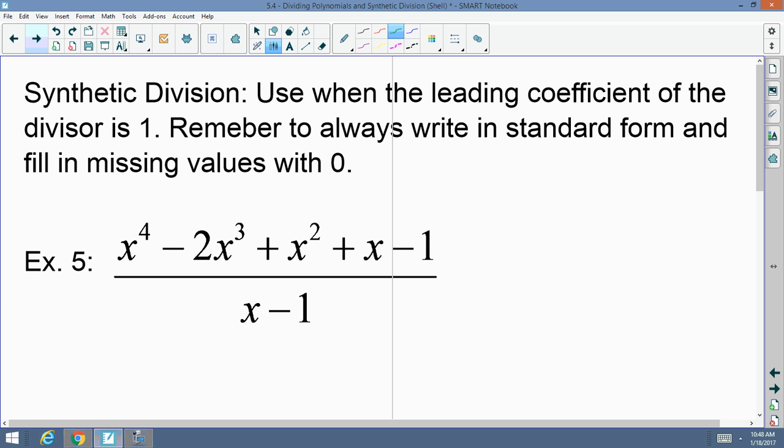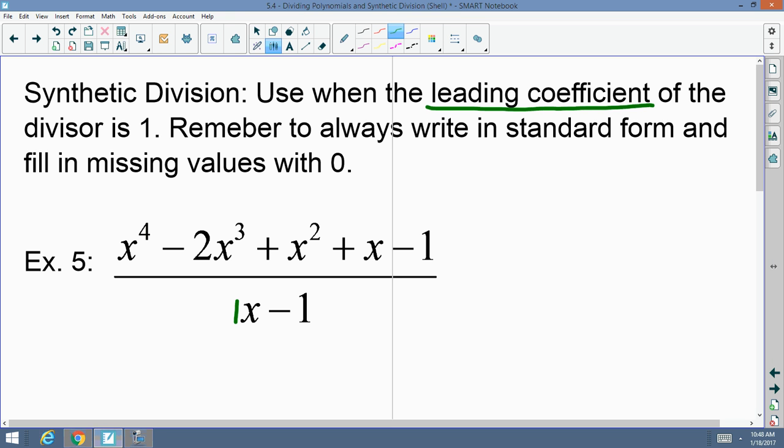In this particular case, for synthetic division, there are a couple criteria though. First of all, you use synthetic division when the leading coefficient of the divisor is 1. So it can only be a 1 there. Can't have it any other way.